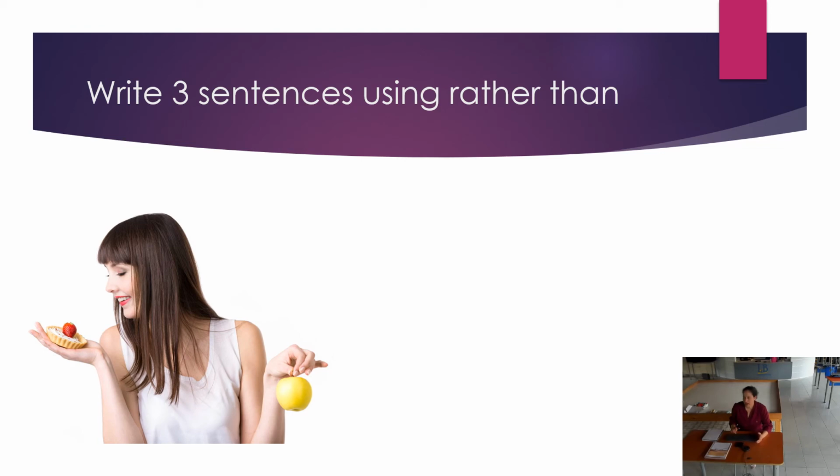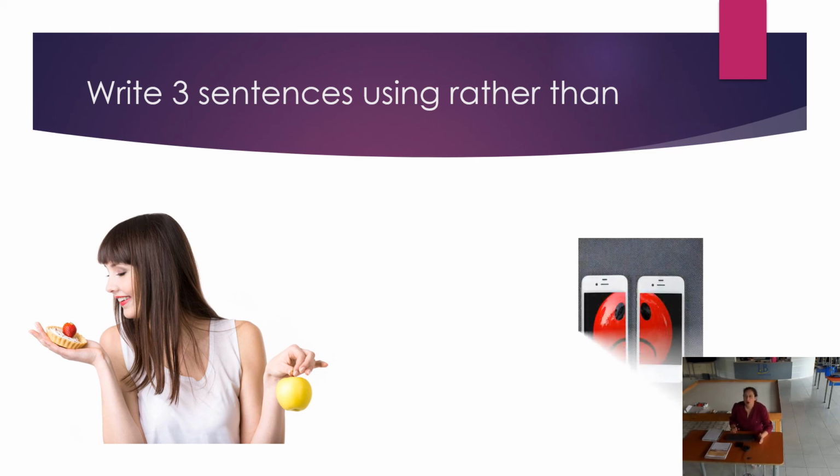So I can make my sentence like, I prefer eating pastries rather than eating fruit, right? Or I prefer to eat pastries rather than eat fruit, right? To keep the rule, -ing with -ing, or infinitive with infinitive, right?